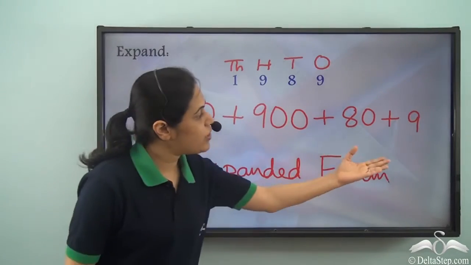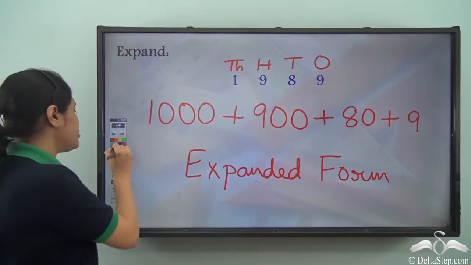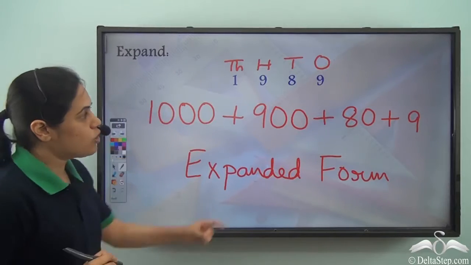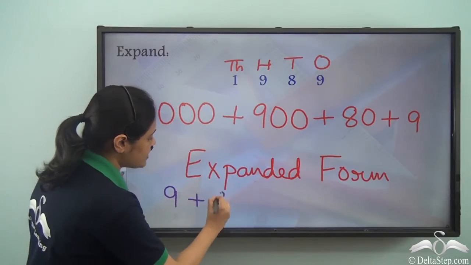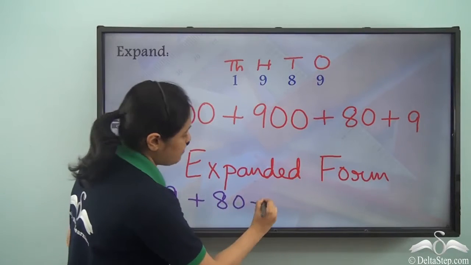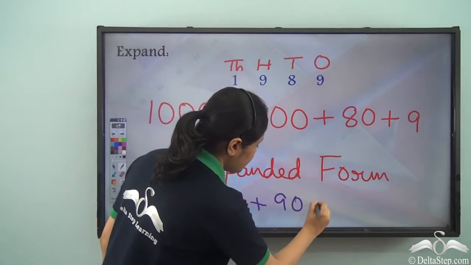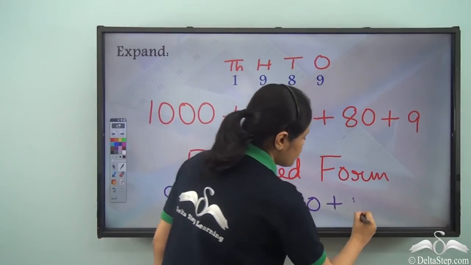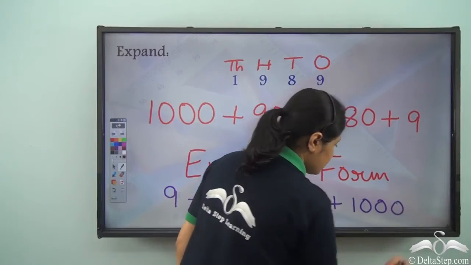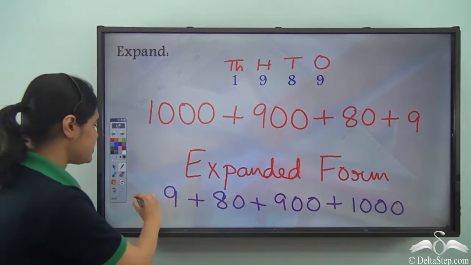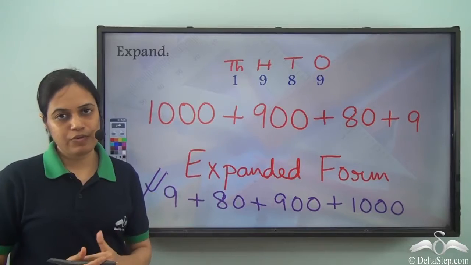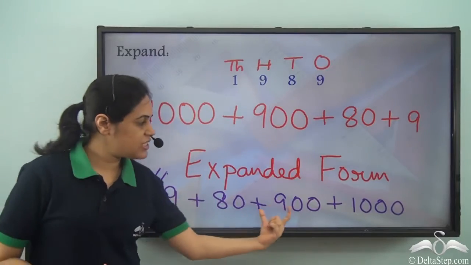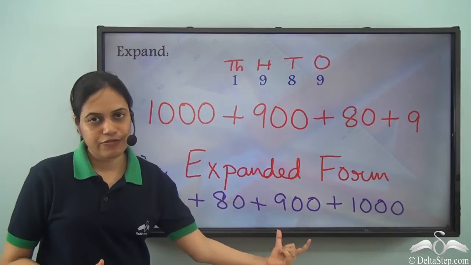So, note, we can also write it the other way around. It is all the same. I could also have written it as 9 plus 80 plus 900 plus 1000. Even this is right. So, we can write it in whichever manner we want. We are just adding the place values of different digits.